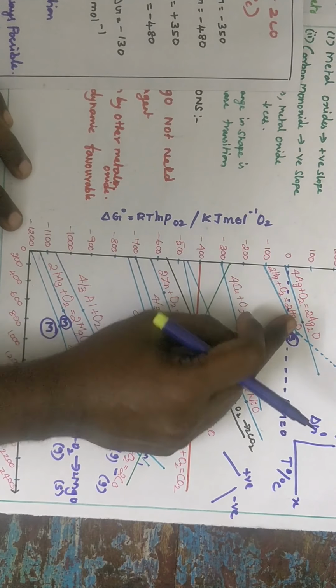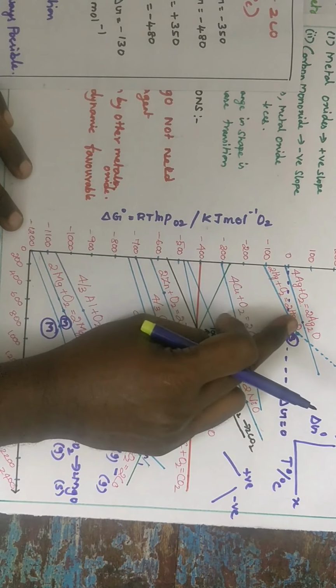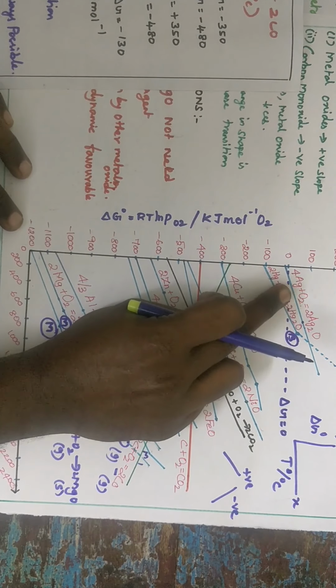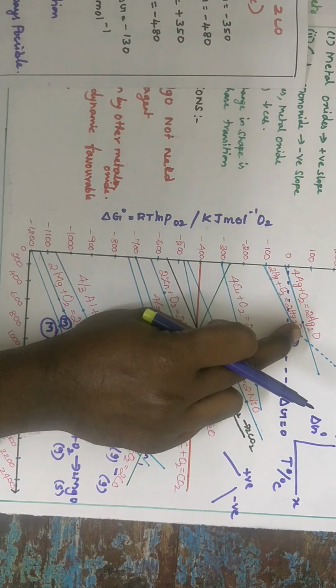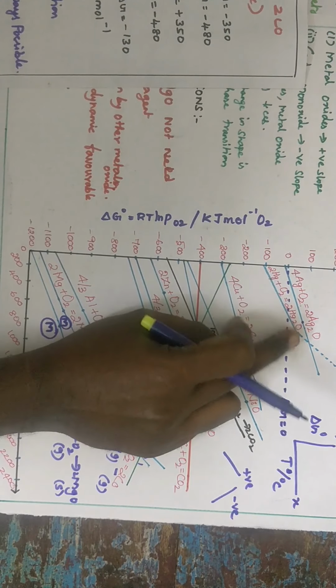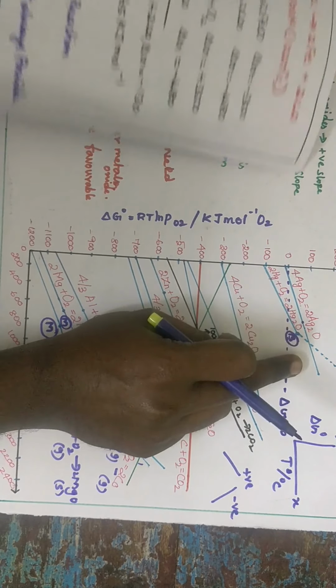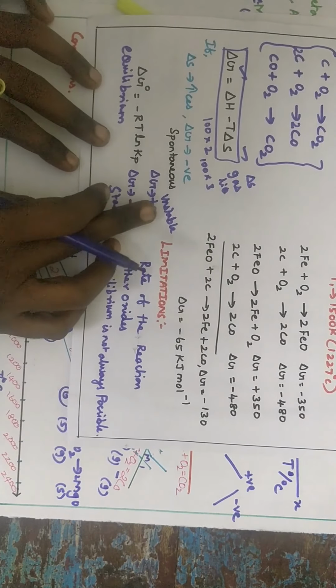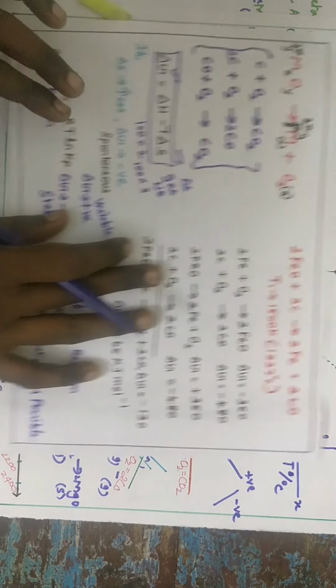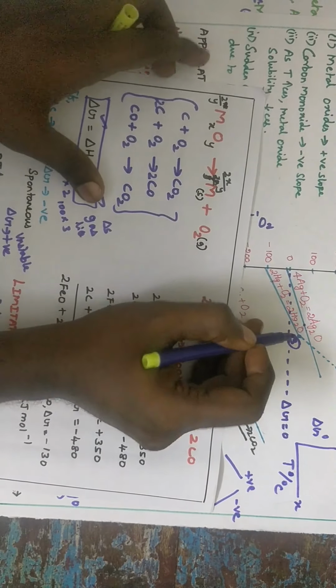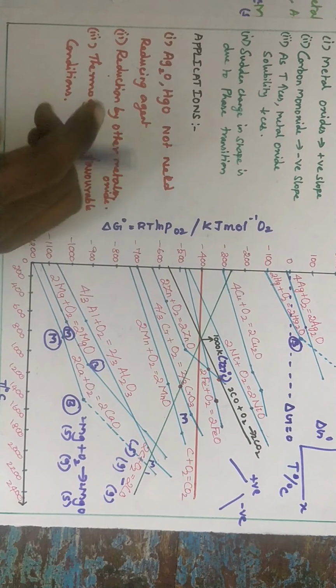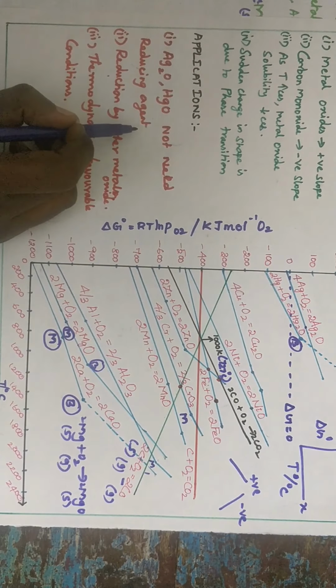In a similar way, silver oxide is stable up to about 300, and above 600 it is unstable. Automatically the delta G value is positive, and a positive delta G value means unstable. So in the case of silver oxide and mercuric oxide, there is no need for any reducing agent.